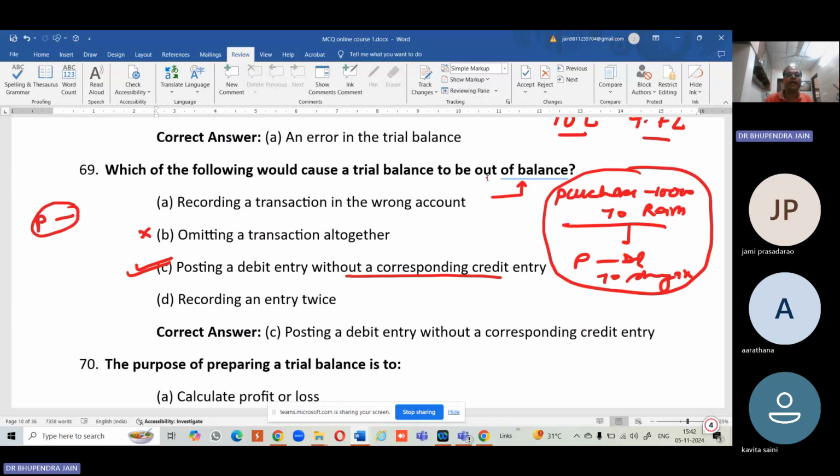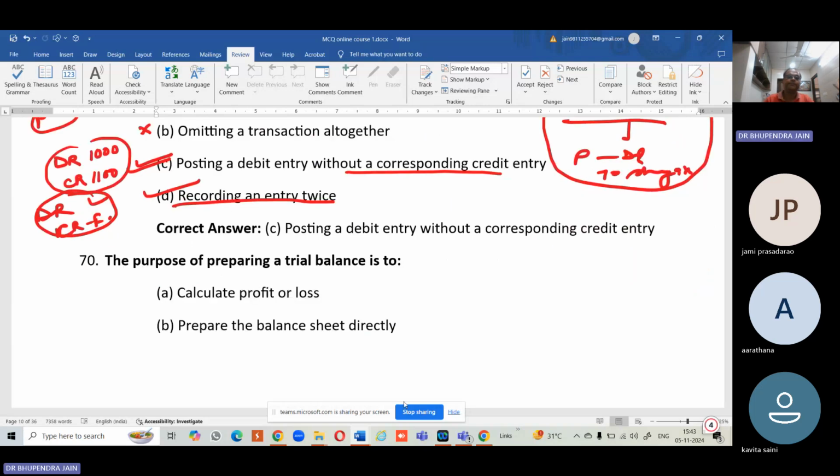Or recording an entry twice, again the totals will match. When will the totals not match? If on one side you entered, for example, 1,000, and on the credit side you entered 1,100, the totals will definitely not match. You entered only on the debit side but failed to enter on the credit side, so again the totals will not match. Otherwise, in all other cases, the totals will match.